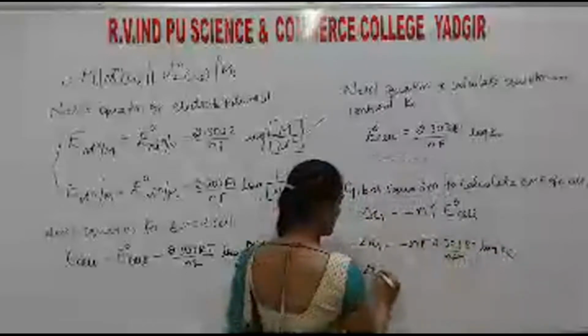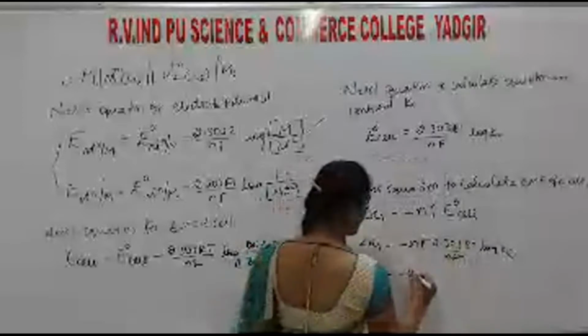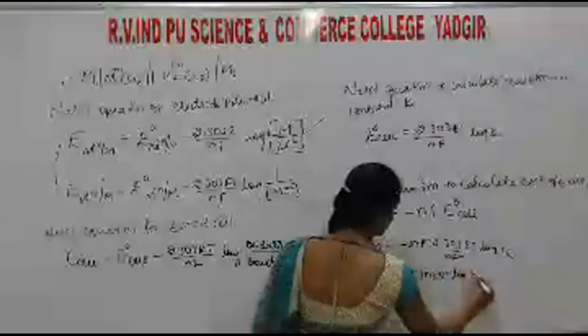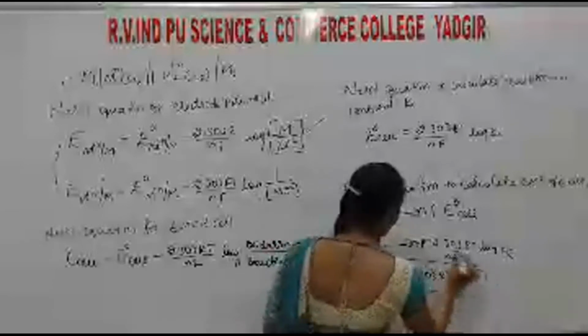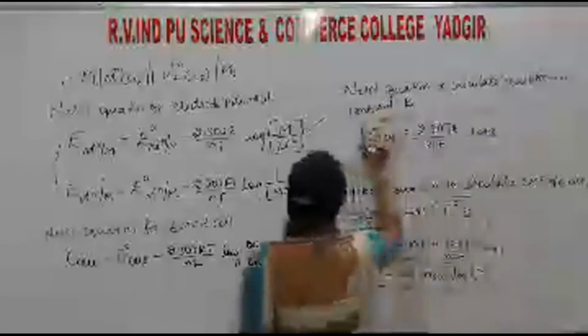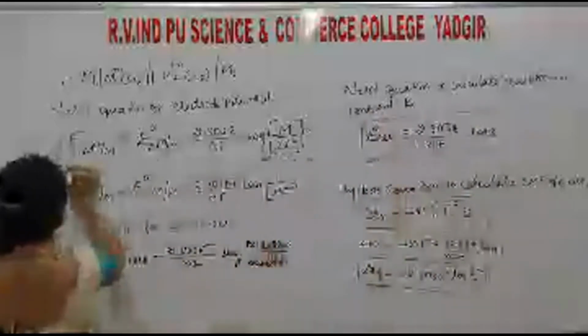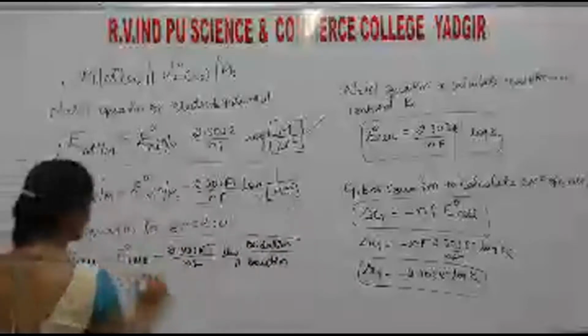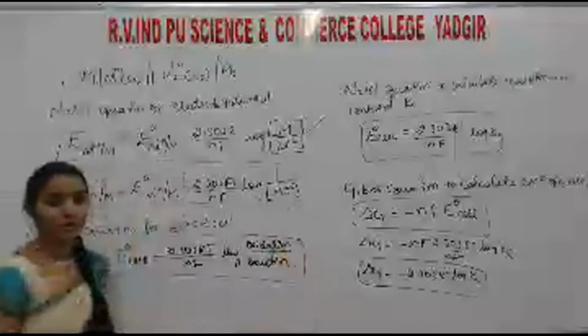So delta G is equal to minus 2.303 RT log Kc. This is also one equation. So remember all these equations, students. In tomorrow's class, we are going to study the problems based on all these equations.